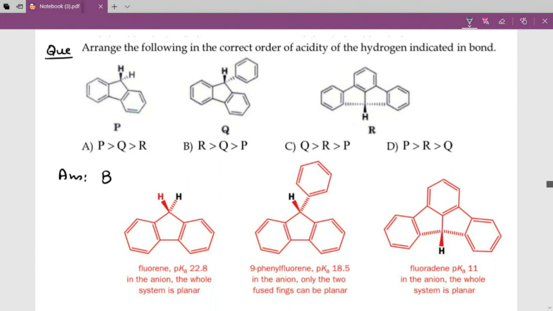Now why I wanted to say this: in all these examples, when I remove the H, which they have marked very clearly, there will be generation of aromaticity in this 5-member ring.